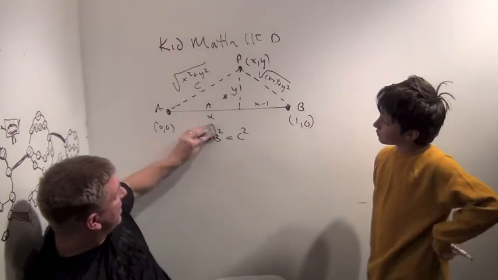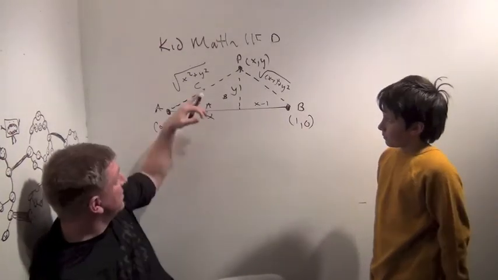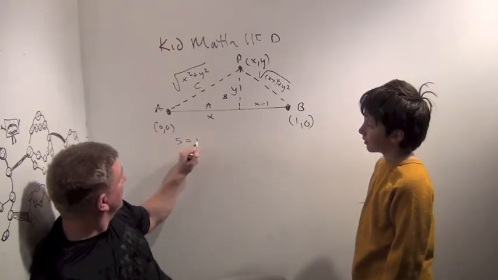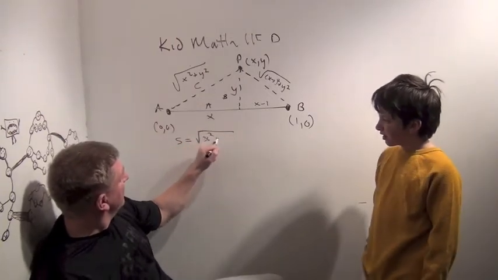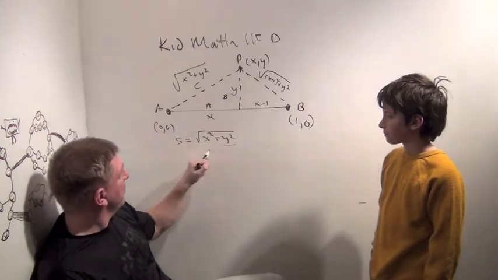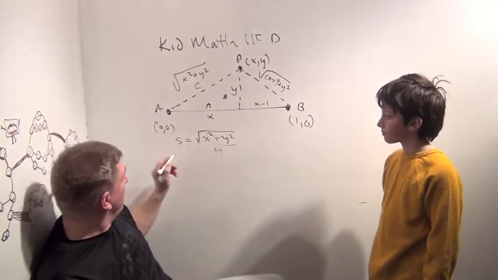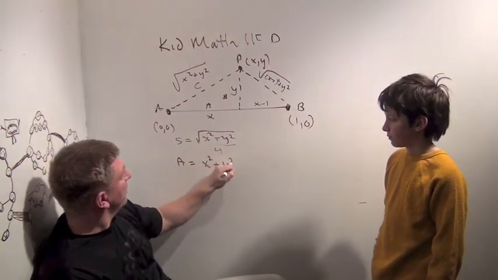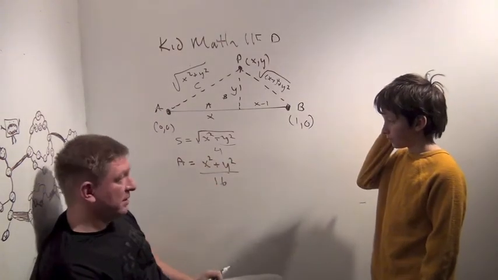Now we have the same kind of equations. This is the perimeter of a square, right? So the side of the square is the square root of x squared plus y squared, over 4, and the area is x squared plus y squared all over 16.